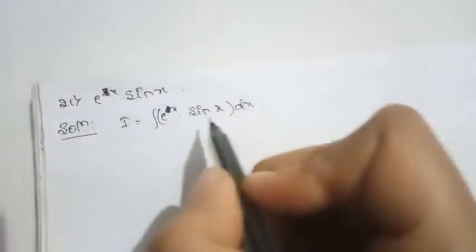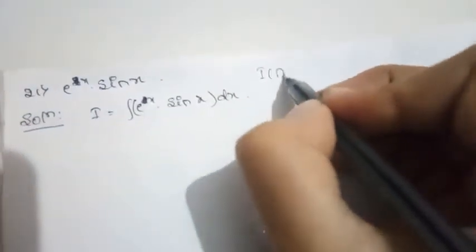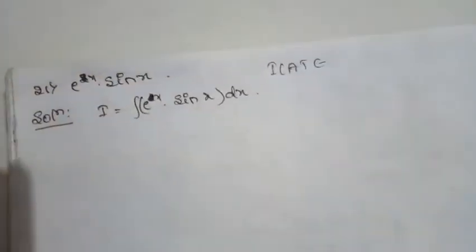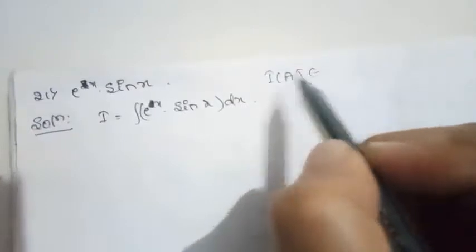The next question is e power x into sin x. Again, as per our ILATE rule, what is the first function? A trigonometric function comes first, the exponential function comes second.